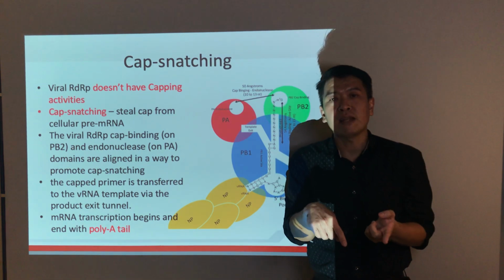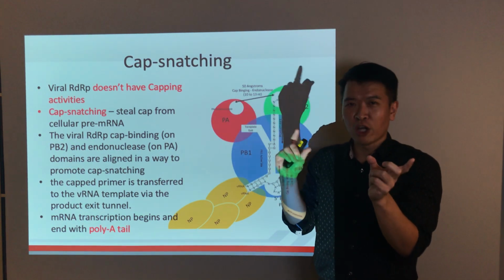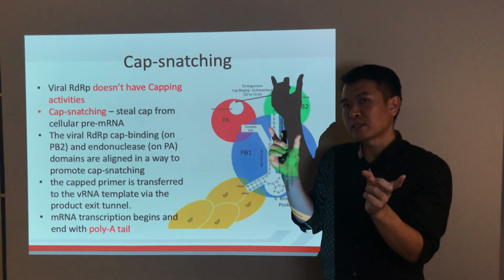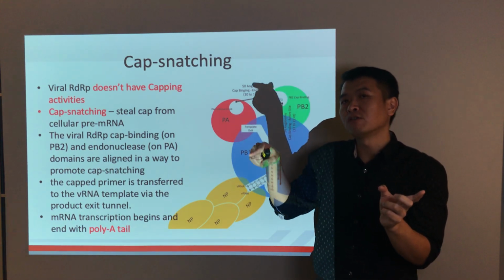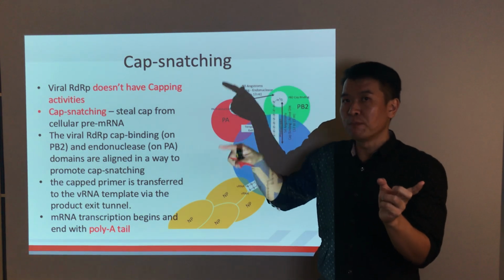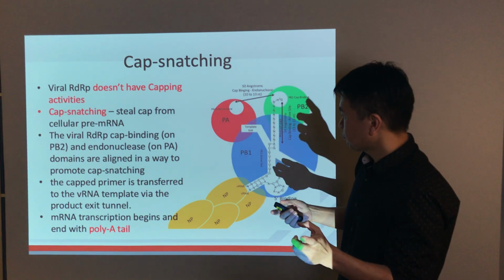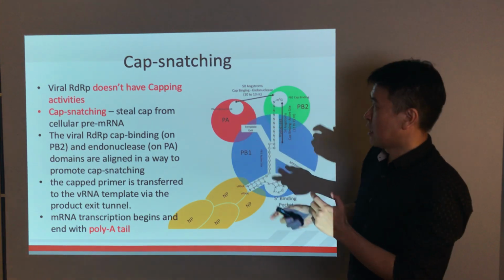In NDV, towards the end of one gene, we call it gene N, there are 6 U's that allow the polymerase to undergo polymerase stuttering and produce a poly A tail of about 120. What about influenza virus?